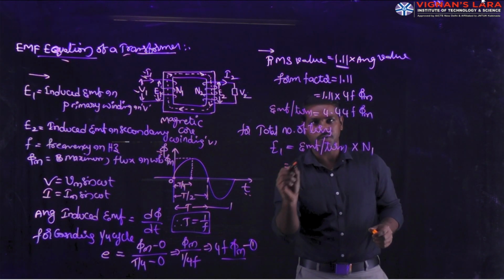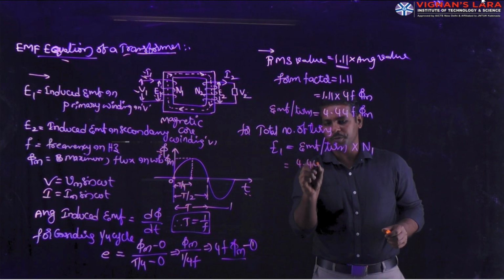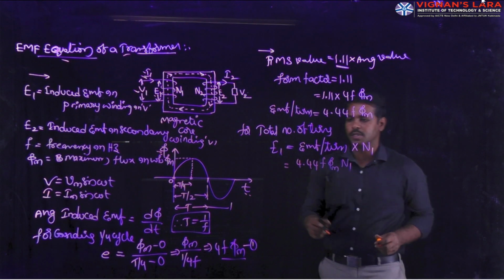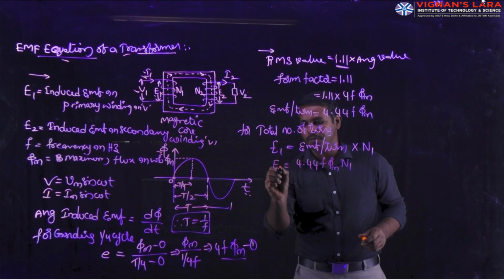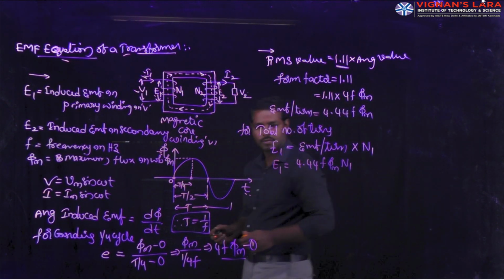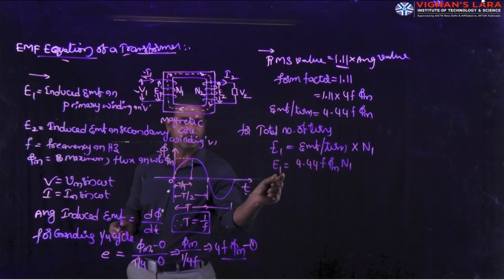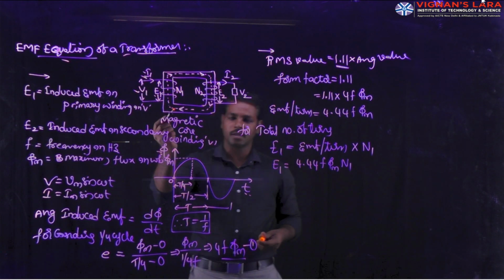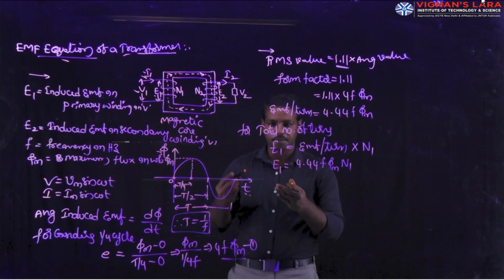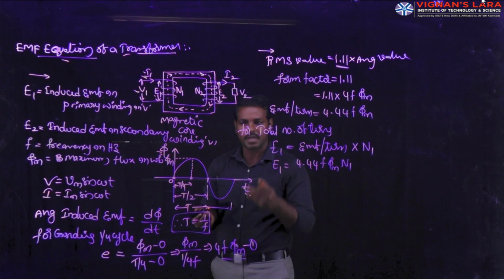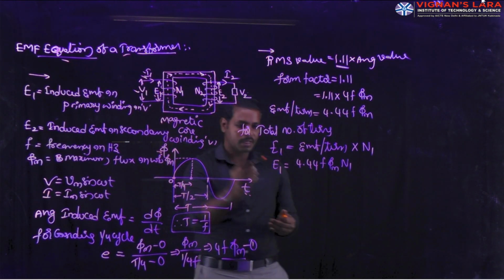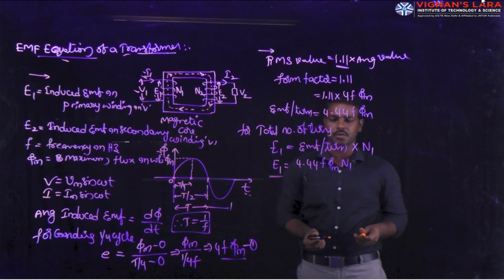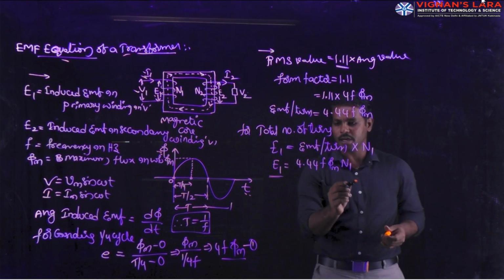So E1 is equal to 4.44 into F into phi m into N1. This is the induced EMF in the primary winding.